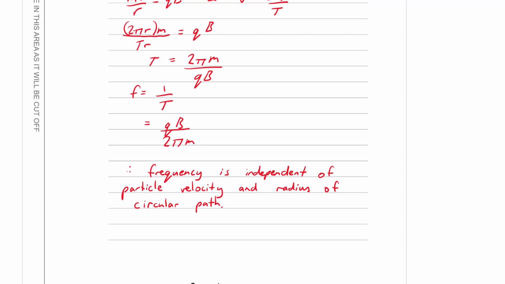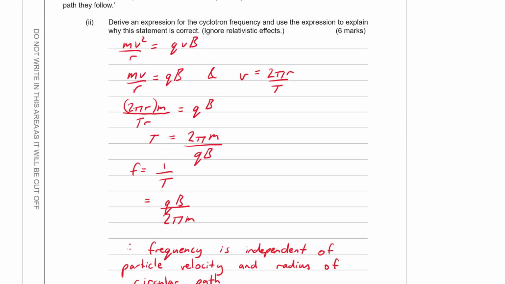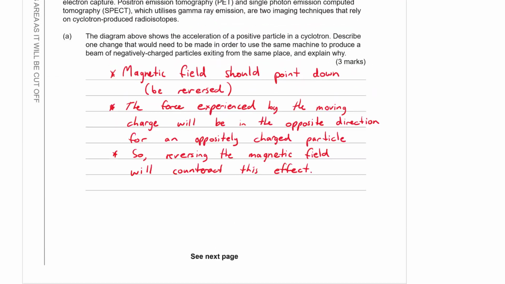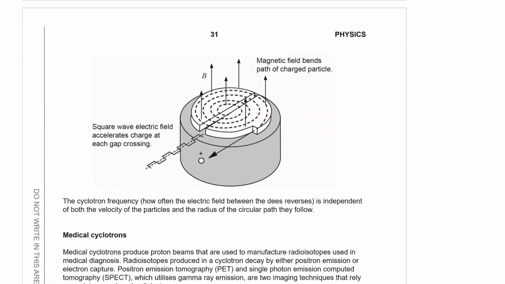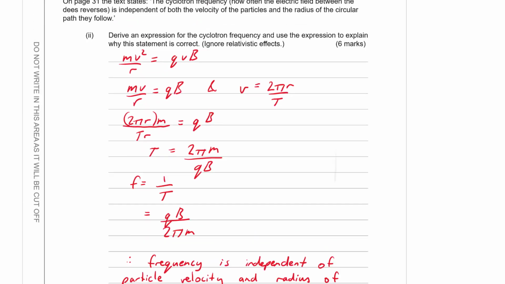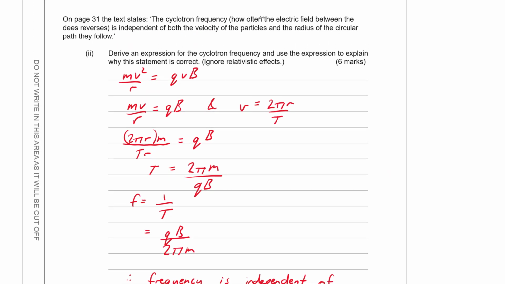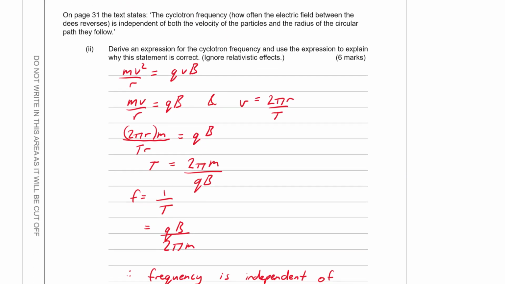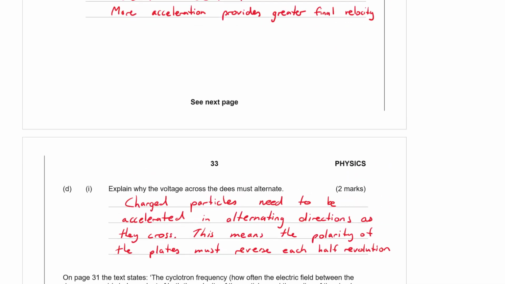Now here's the issue. If I go back to the diagram, I interpreted the cyclotron frequency as the frequency of how many full rotations it does. So 1, 2, 3, right? But in the question, they actually say it's how often the electric field between the D's reverses, and that's not technically the period or the frequency.